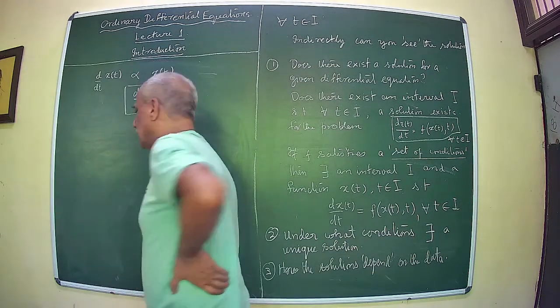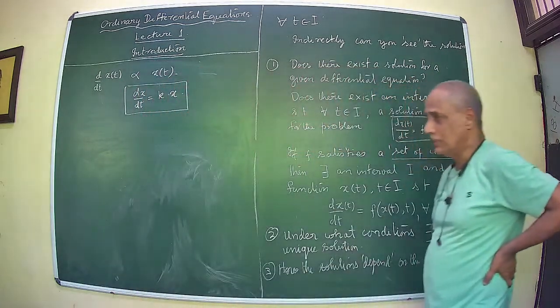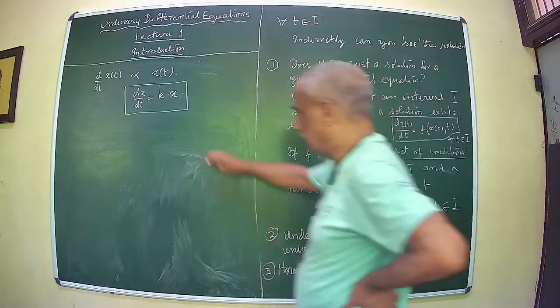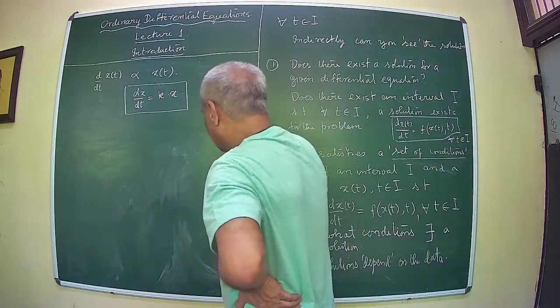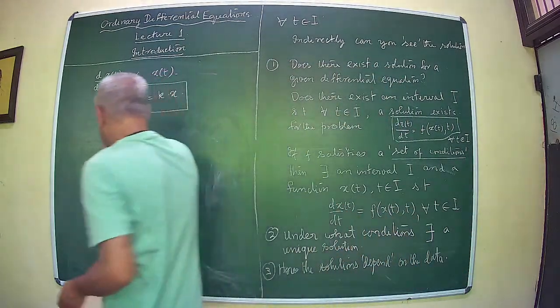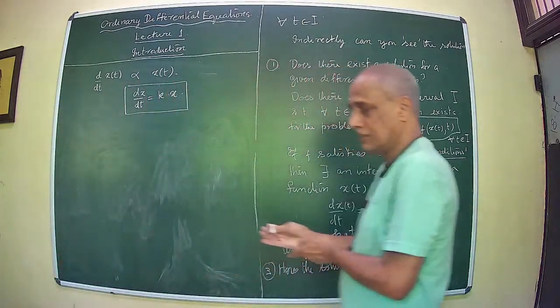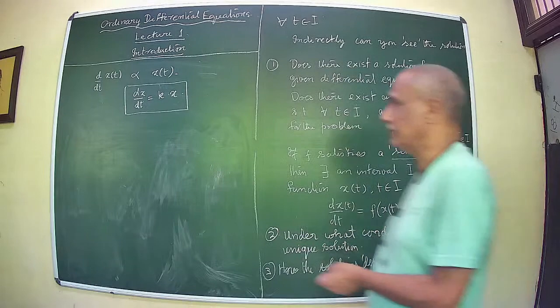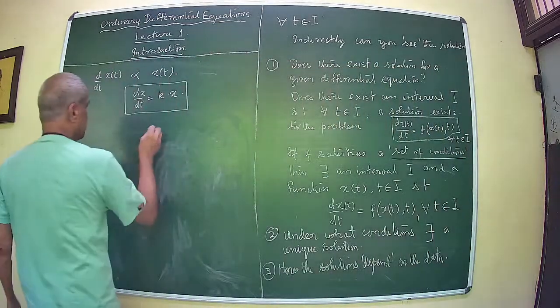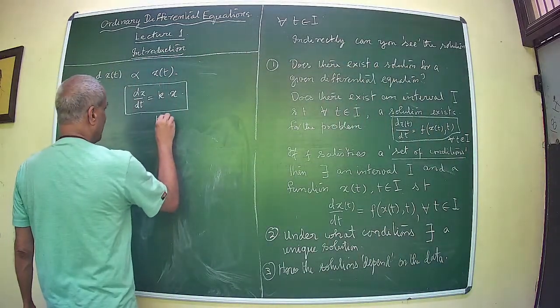See, this equation also represents another problem, namely the radioactive decay. So this is the population growth problem.